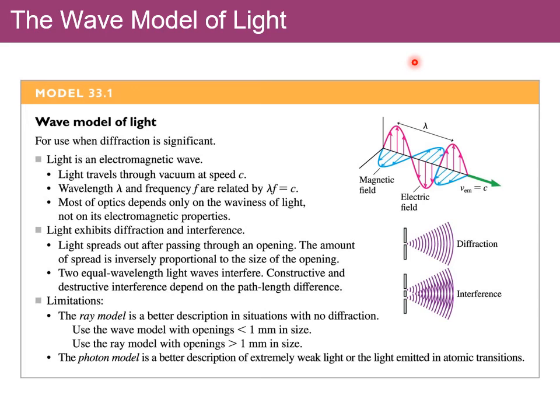The ray model does do a better job modeling experiments in situations where diffraction is negligible. Typically, use the wave model for apertures less than a millimeter in size, and the ray model for openings exceeding 1 millimeter in size.